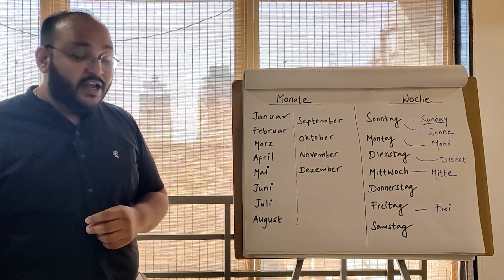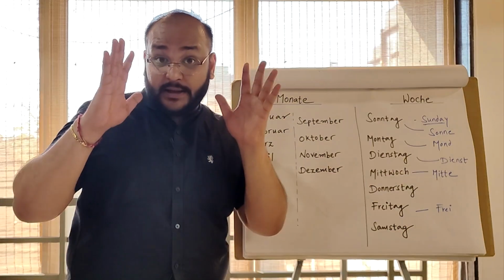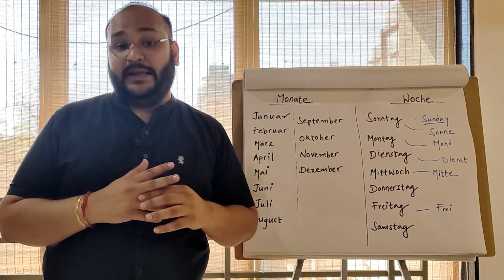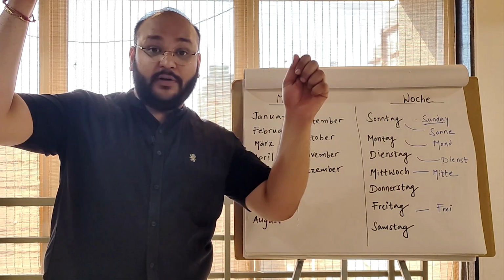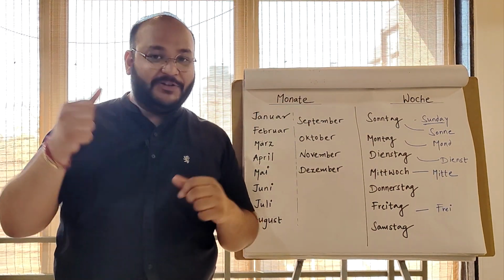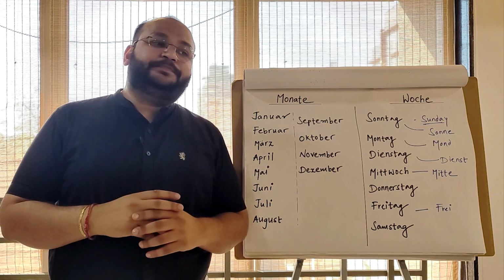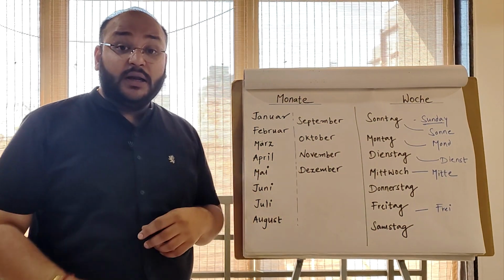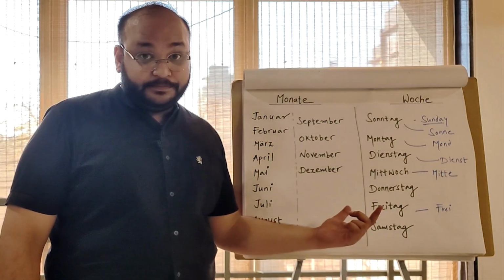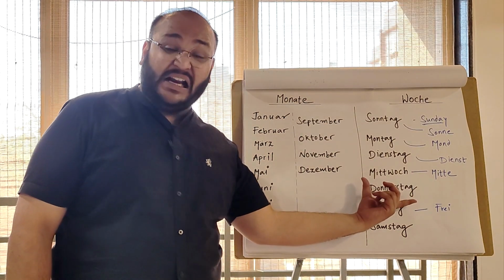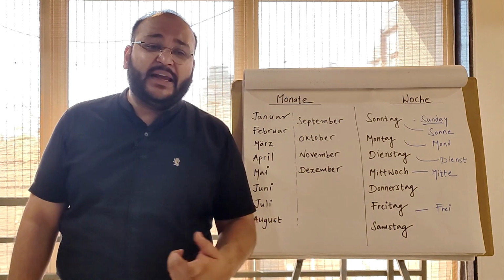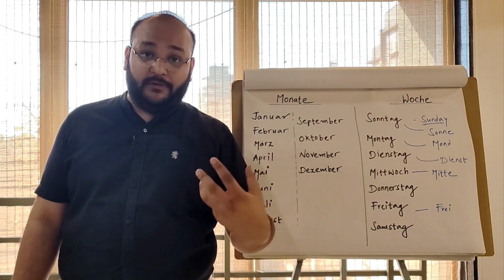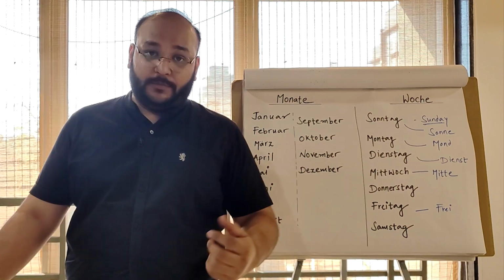Thursday. Originally in English as well, the word came about as Thor's day. Thor, god of thunder. Yeah, Thor, Avengers. Thunder in German is called Donner, and so the word is Donnerstag. Now Friday in English actually came as Freya's day, Freya being a goddess of love.